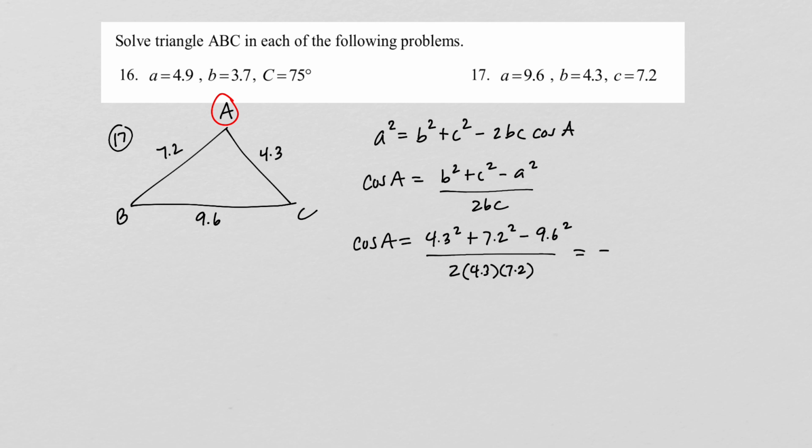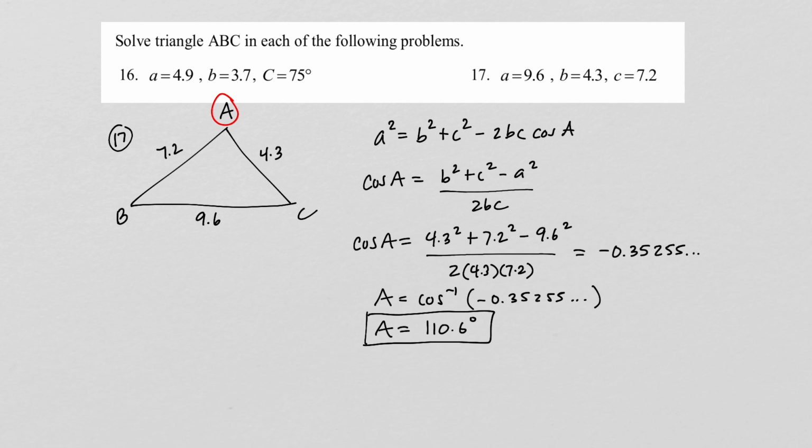And I get negative 0.35255, etc. So A is just going to be the inverse cosine of this value. And I should note that this value is already on my calculator, and so I'm not rounding it. I'm just going to go ahead and take the inverse cosine of that answer. And when I do that, I end up getting A is 110.6 degrees.